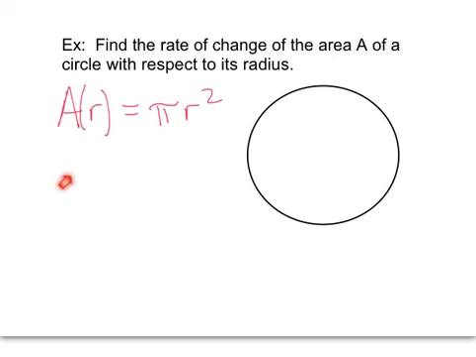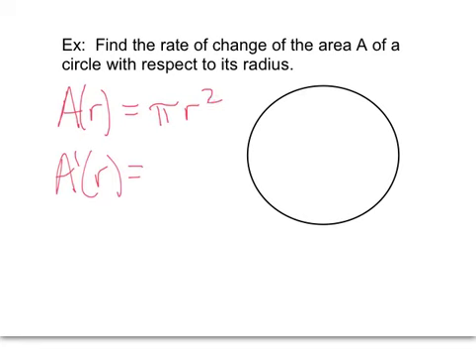Well, we can take the derivative of this function, A prime of r would be. Now, let's think about this. We don't have to do the product rule here, even though we do have a product, pi times r squared. Why don't we have to do the product rule? The answer is because pi is just a number. This is kind of like saying 3.14 r squared or 3r squared.